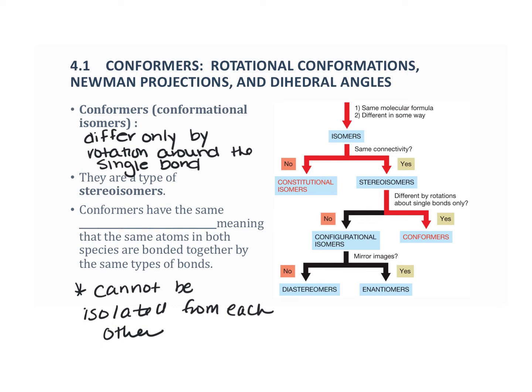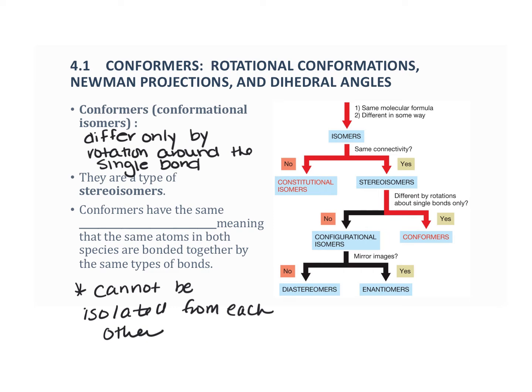So we can think of stereoisomers as a large umbrella term, right? So there's the stereoisomers, and here conformers fall under that term. But understand, configurational isomers, conformers, diastereomers, and enantiomers are all types of stereoisomers, right? So this is like a big umbrella, and these all fall underneath it.